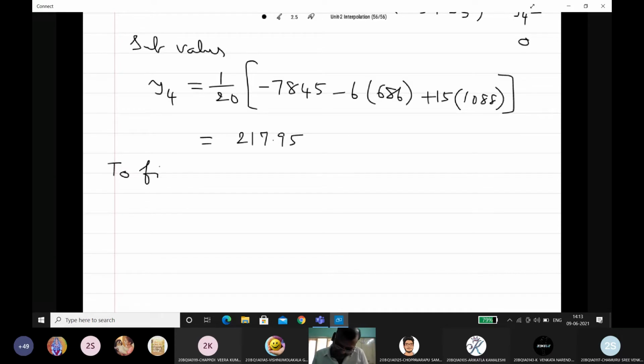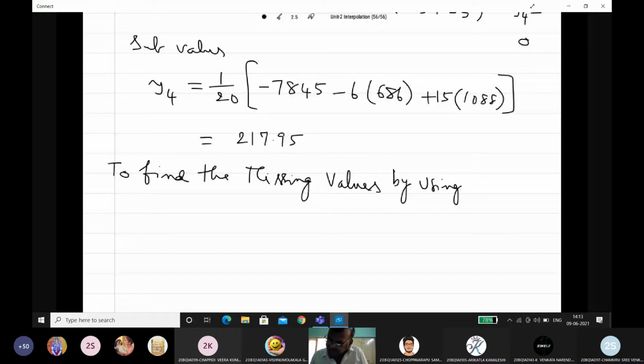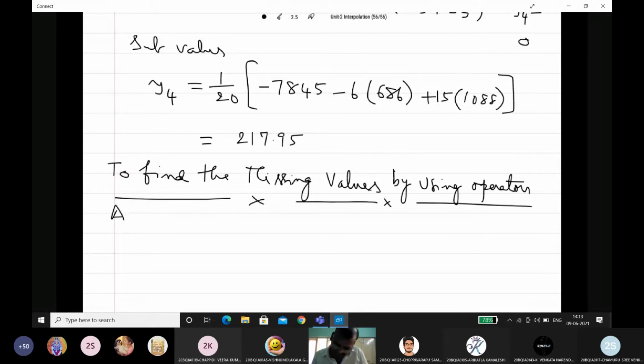To find the missing values by using operators. Another method. ఏ మెథడ్ అయినా రాయొచ్చు మనం, గుర్తుపెట్టుకోండి, మన ఇష్టం.